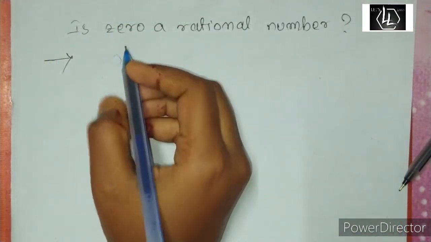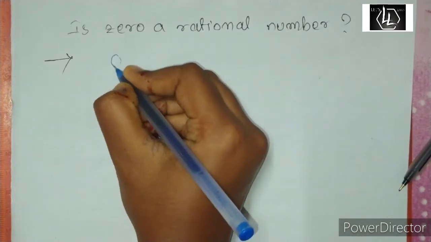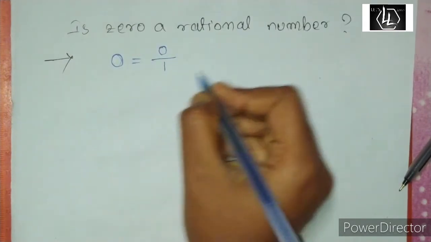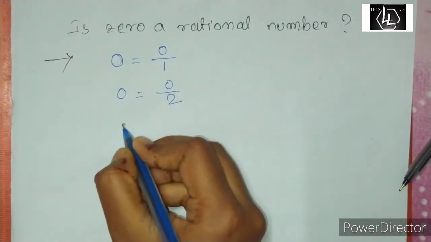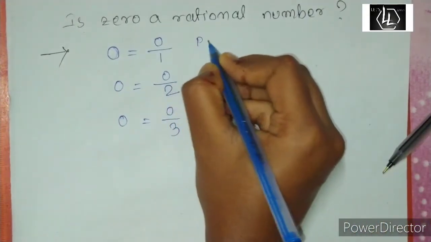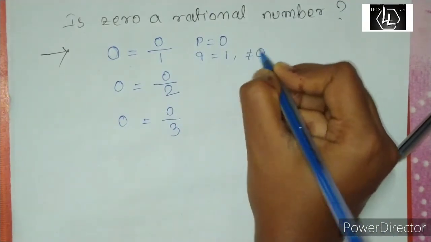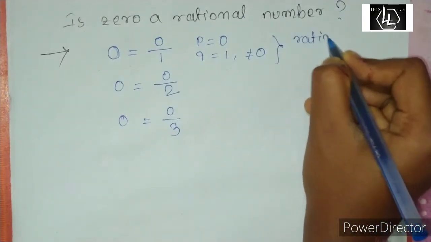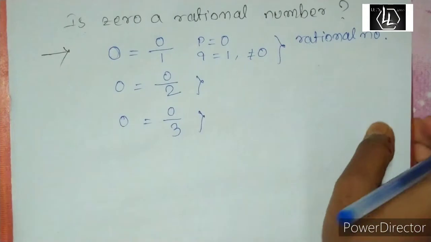Now one question may come, is 0 a rational number? Now see, we can express 0 as 0 by 1, or 0 is equal to 0 by 2, or 0 is equal to 0 by 3. Here p is equal to 0 and q is equal to 1, which is not equal to 0. So it satisfies the rules of rational number. Similarly for this also and this also.